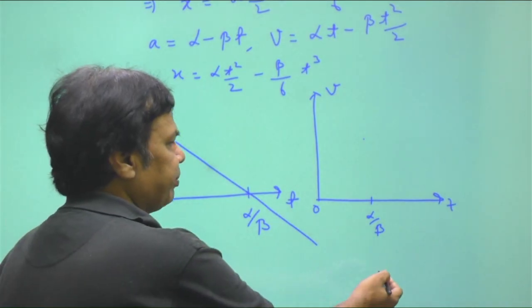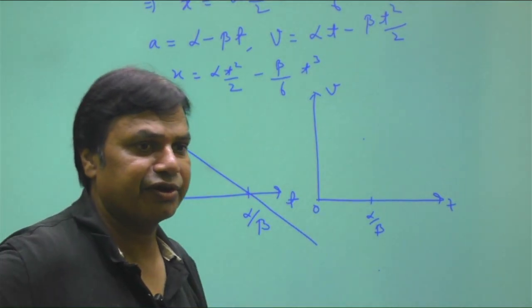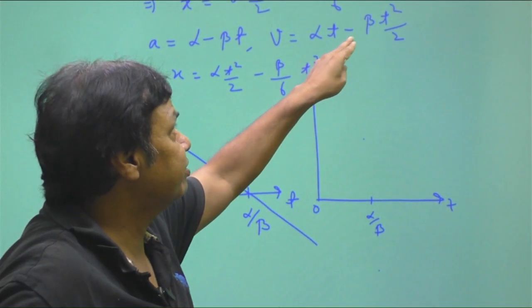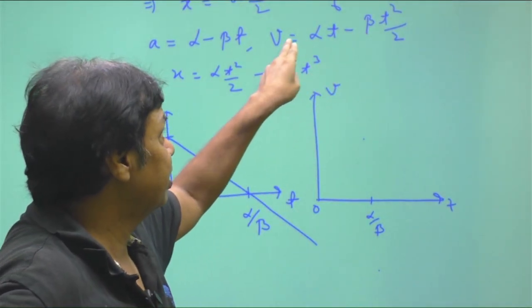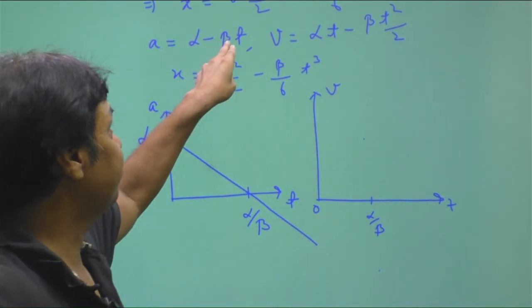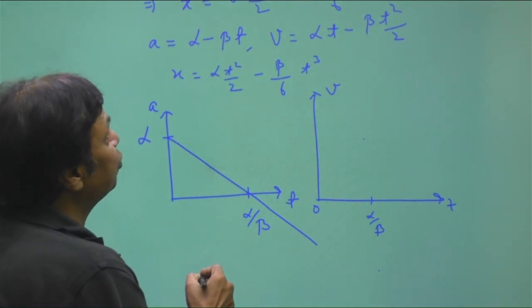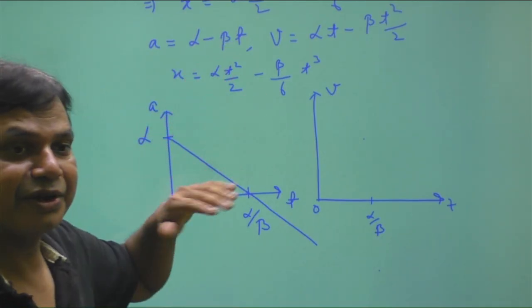They can be anything. But if you again differentiate, to find d2v upon dt square, dv upon dt is alpha minus beta t, that is acceleration, and d2v upon dt square, you can see from here that you will get minus beta only.